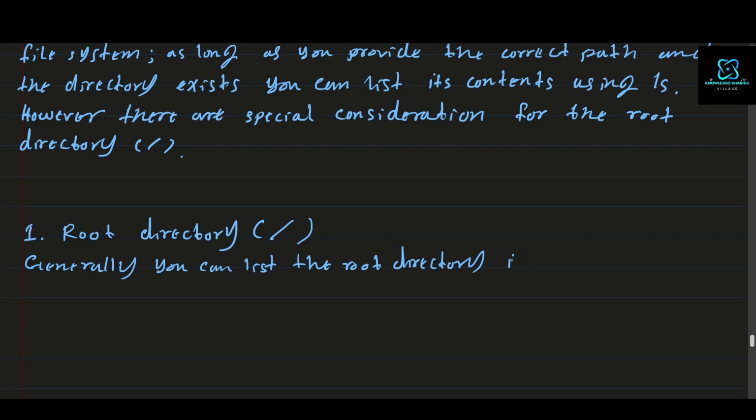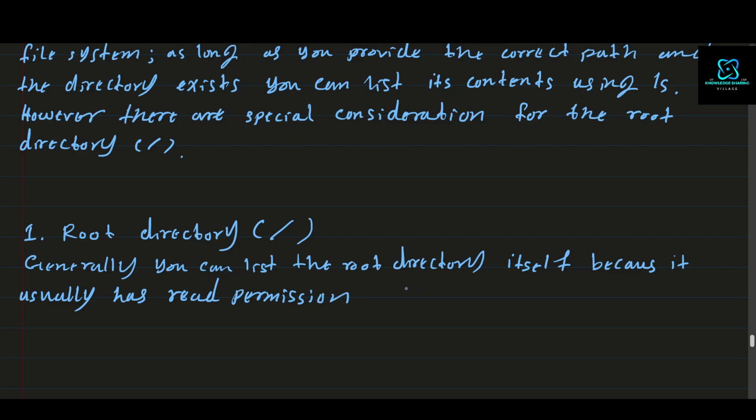You can list the content of the root directory itself because, again it depends on the system settings that you have set, it usually has read permission for all users.